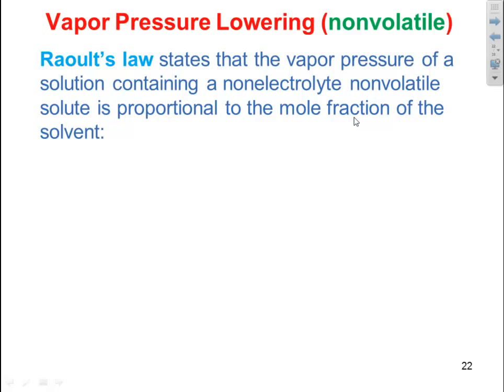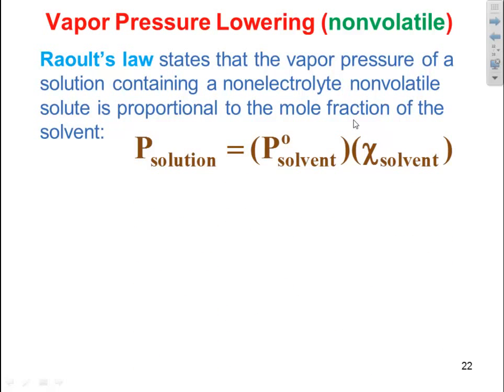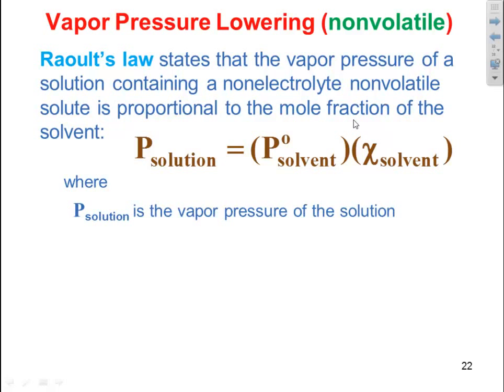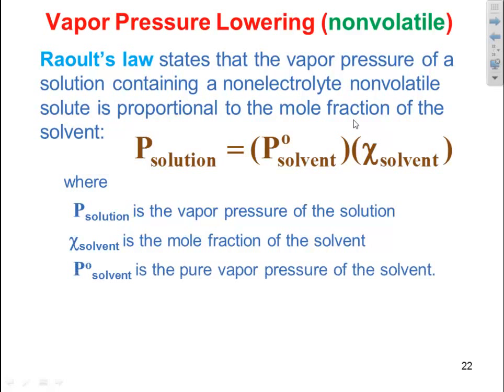Raoult's law states that the vapor pressure of a solution containing a non-electrolyte, non-volatile solute is proportional to the mole fraction of the solvent. P solution is equal to P superscript 0 solvent times the mole fraction of solvent, where P solution is the vapor pressure of your solution, that is your mixture of solute and solvent. Chi solvent is the mole fraction of your solvent, and P naught solvent is the pure vapor pressure of the solvent.